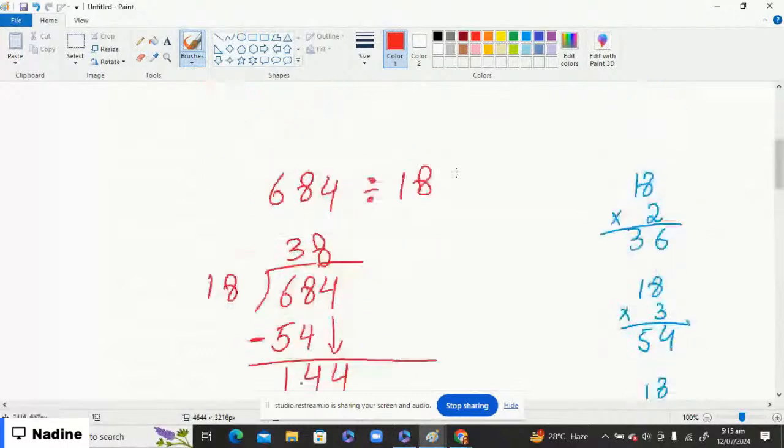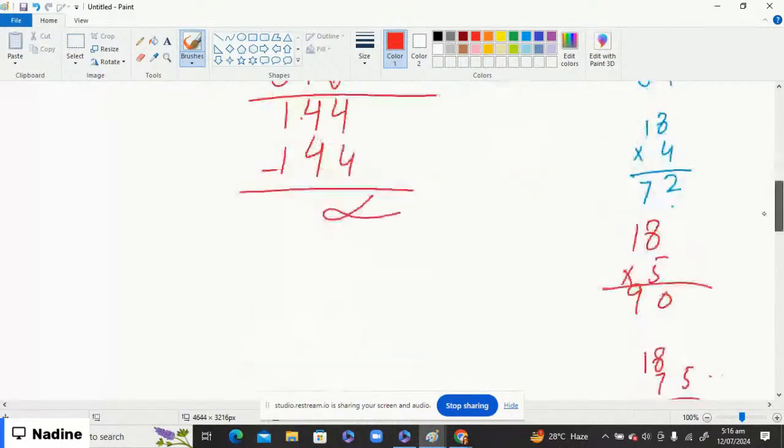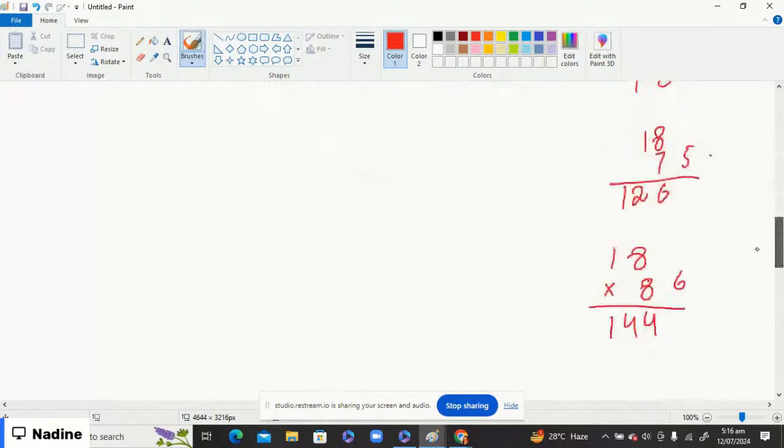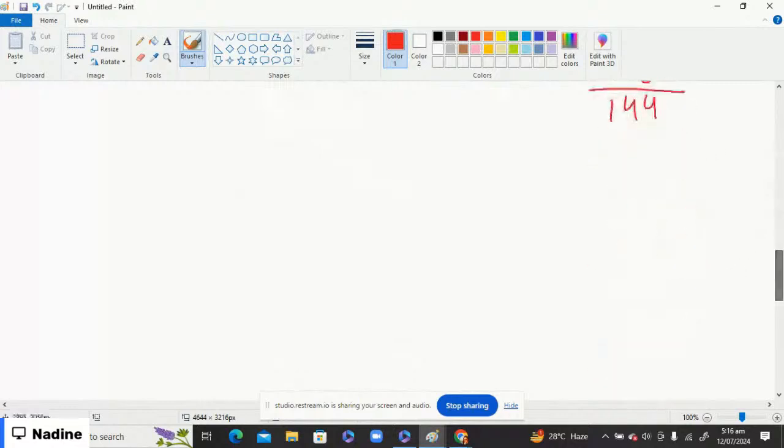So what's the answer? That is 38. Very well done, everyone. It's not 90, it's 38. Oh, okay, okay. You are telling me 18 times 5 is 90. Okay, all right.